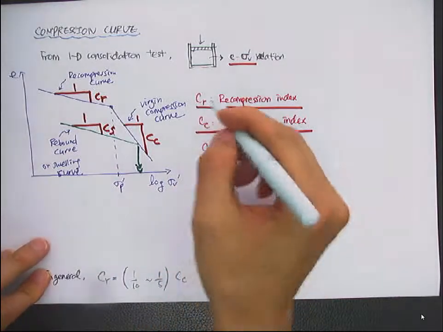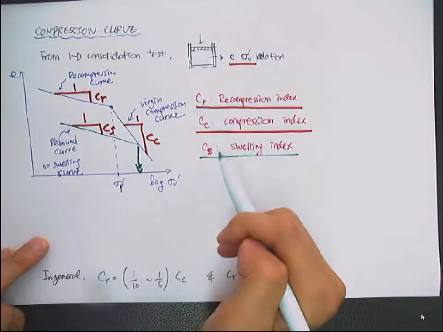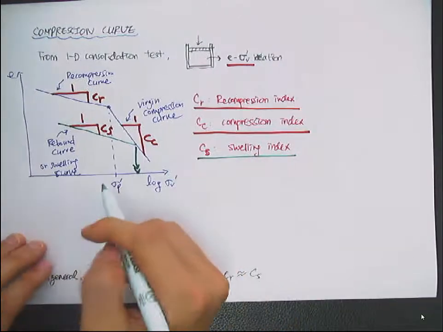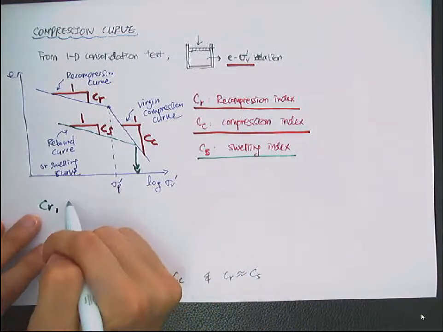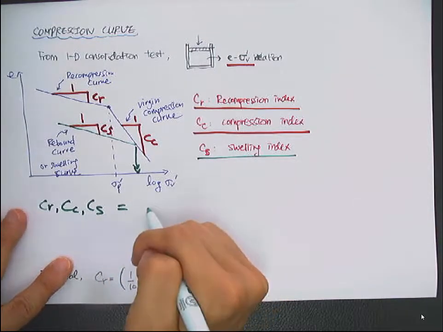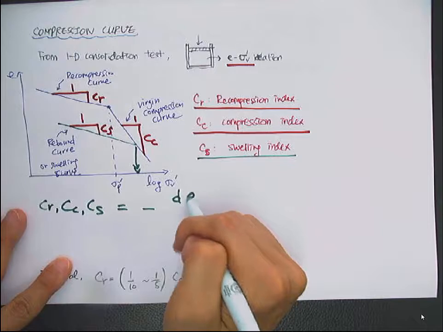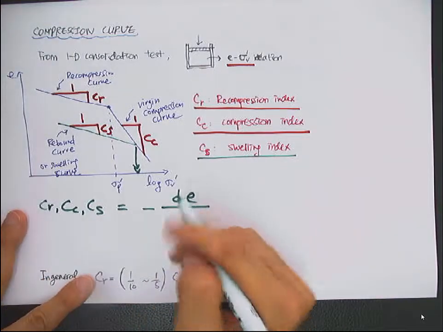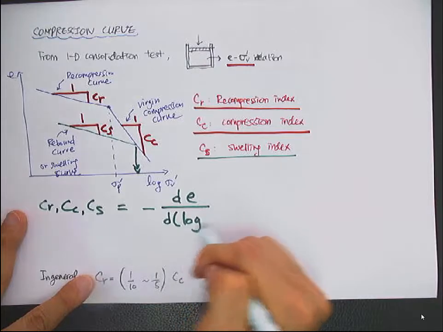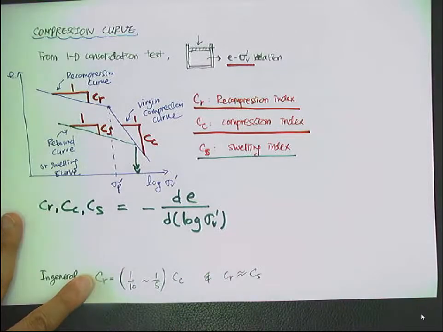Then this compression index, recompression index, and swelling index, CC, CR, and CS, can be expressed as the void ratio change over vertical stress change.